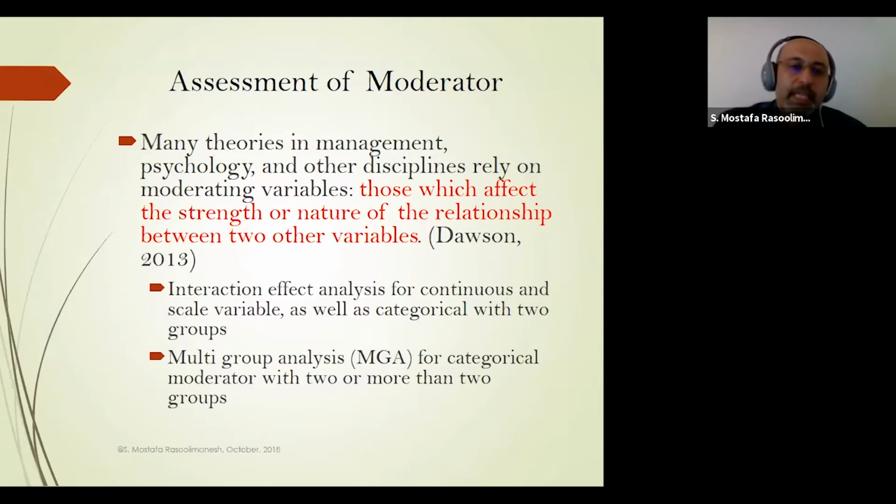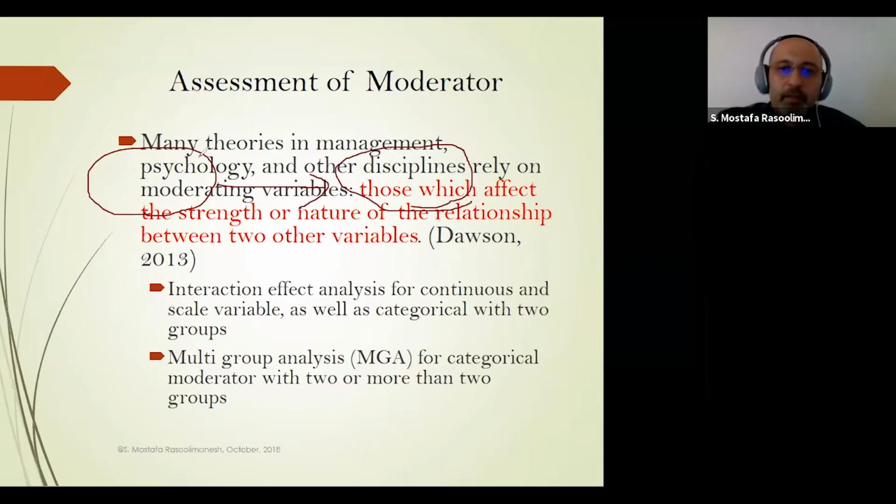For example, we have x to y, we have the effect of x to y, so there is a path coefficient, a beta coefficient, between x and y. For example, this beta coefficient or path coefficient is 0.4.